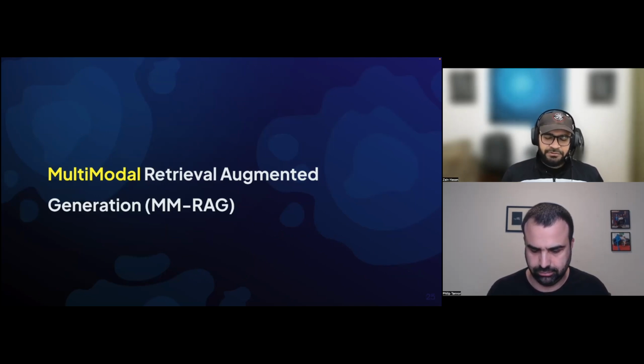LLaVA is the open source equivalent of these that is visual instruction tuned, but a lot of these generative models can now understand images as well, right? And so now people are saying if our vector databases can handle multimodal data and our generative models can understand that data, why don't we take RAG and turn it into multimodal RAG, right?